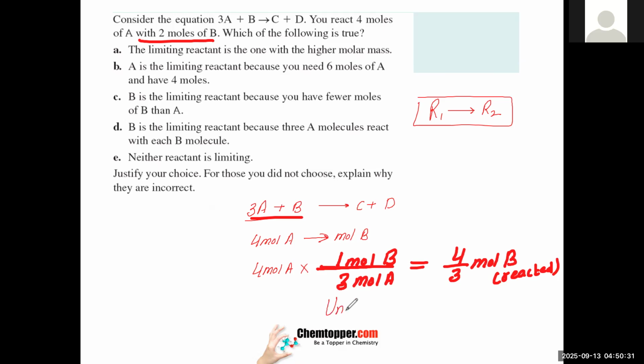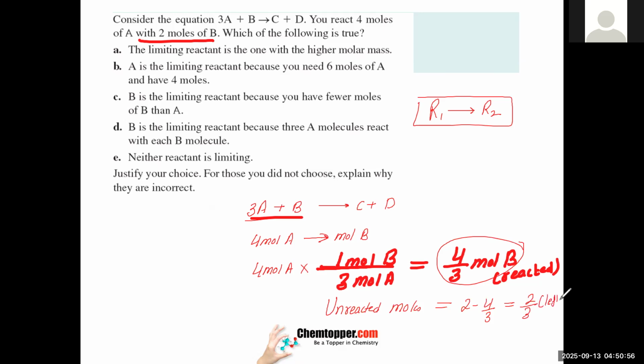How much is given? 2. And how much has reacted? 4/3. So 2 minus 4 over 3 is 2/3 left.